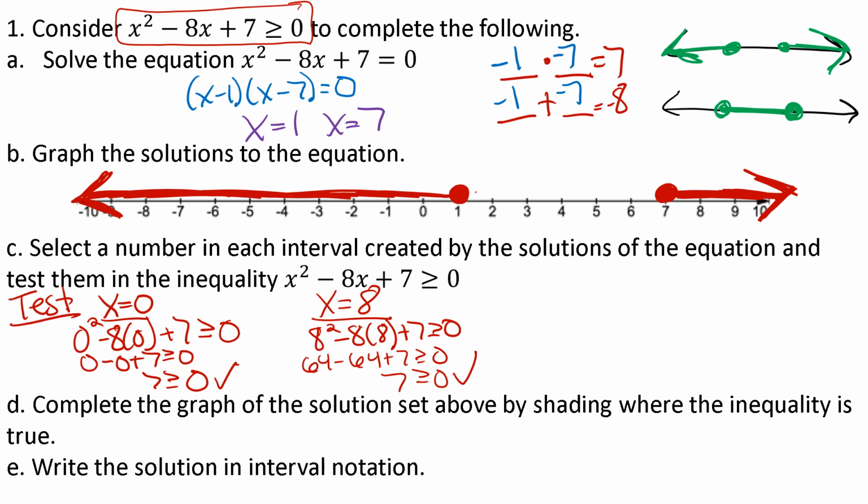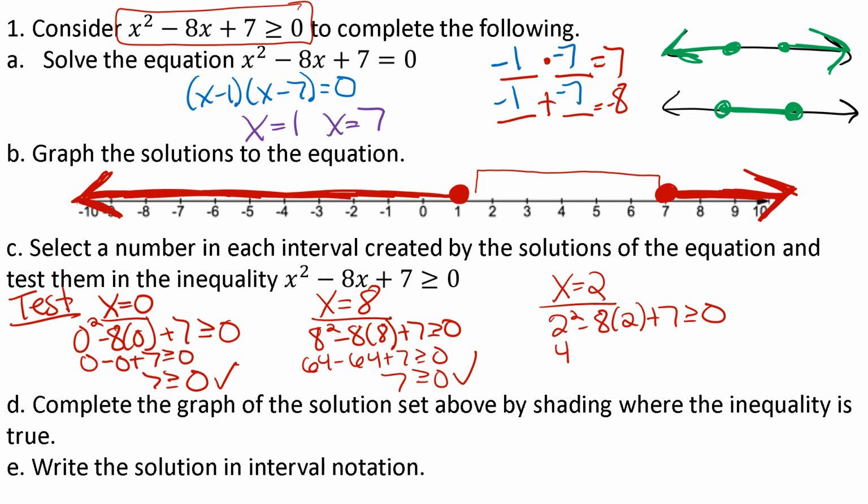Then if we tested something in between the 2, it shouldn't work. Just to show you, I'm going to plug in 2 and show you that it doesn't work. So it would be 2 squared minus 8 times 2 plus 7 greater than or equal to 0.